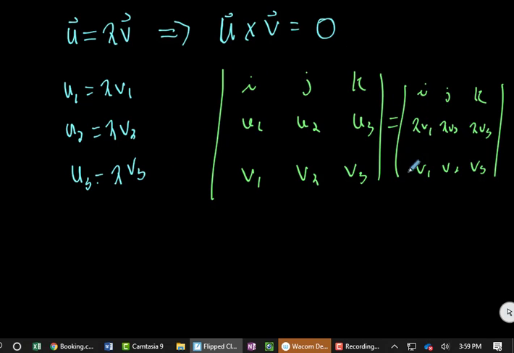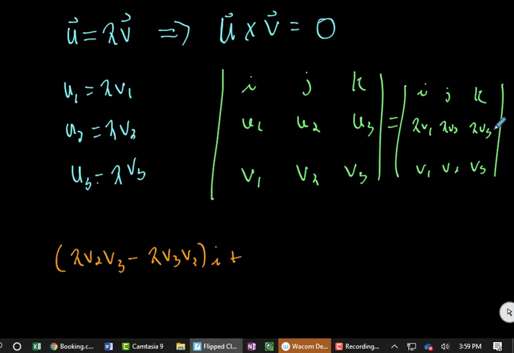So our i component would be lambda v sub 2 times v sub 3 minus lambda v sub 3 v sub 2, and that would be my i component.